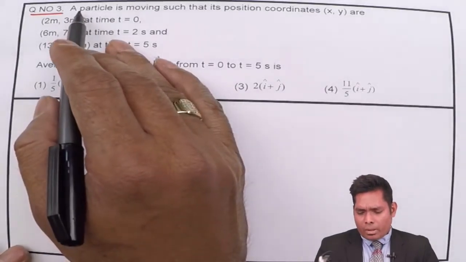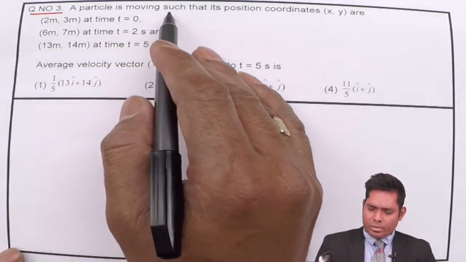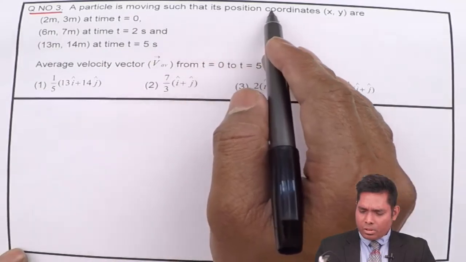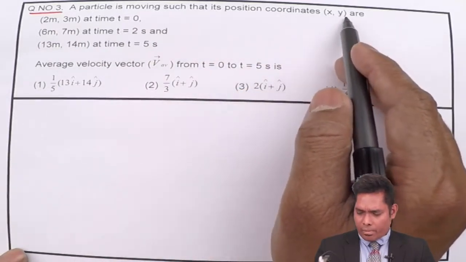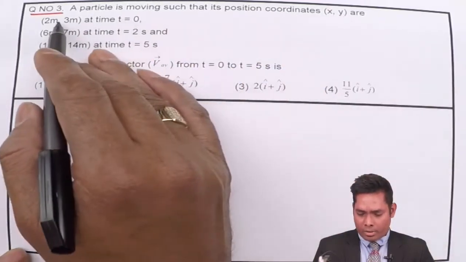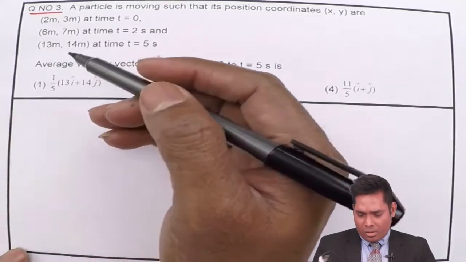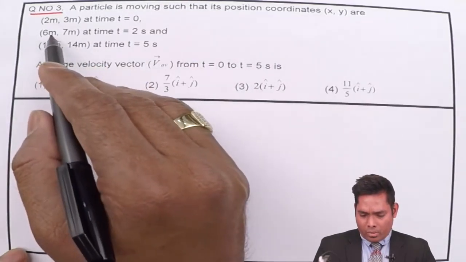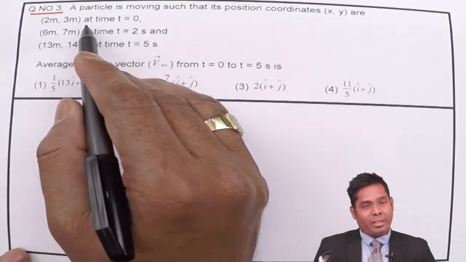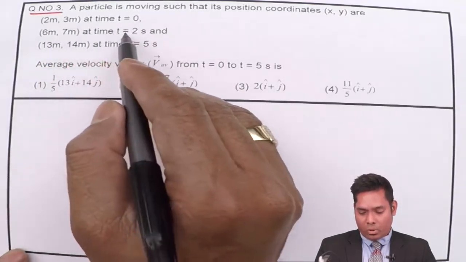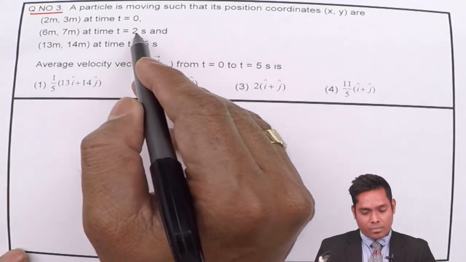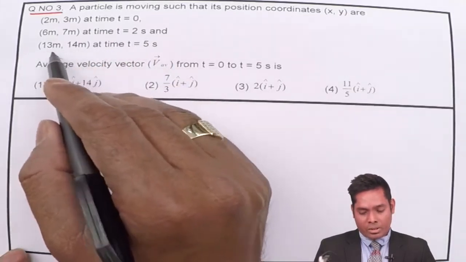It talks about a particle moving such that its position coordinates x, y are this, and this is the coordinate at time t equals 0, and this is the coordinate at time t equals 2 seconds, and now it is at this position.